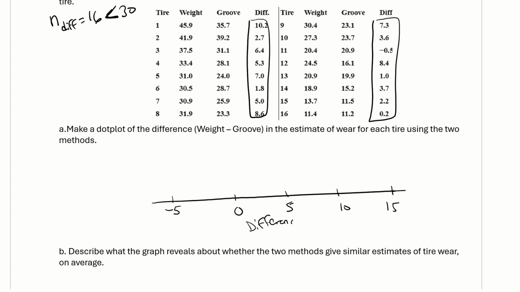So now we got to do the title. So the title is difference. We got weight minus the groove. Now, I know that the highest is around 10, and then the lowest is a negative. So this is why I included some negatives here. But when I'm doing each of these spaces, each of these spaces is 0.5, okay? That's what these represent. Each of these spaces is 0.5.